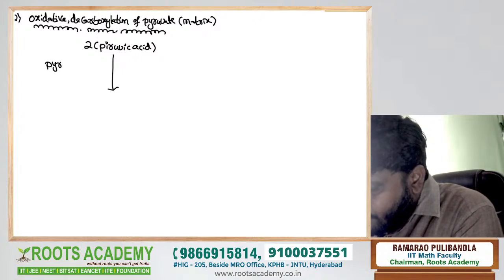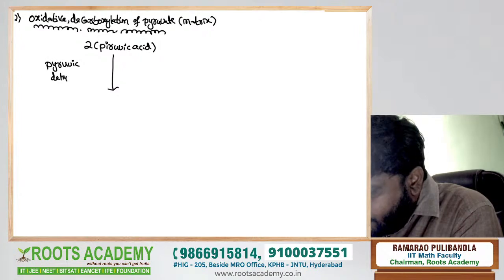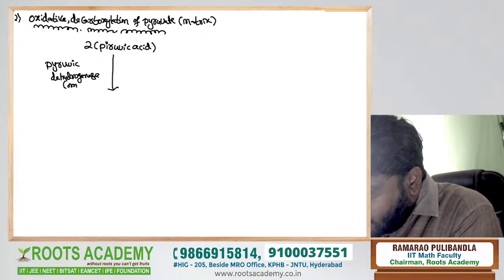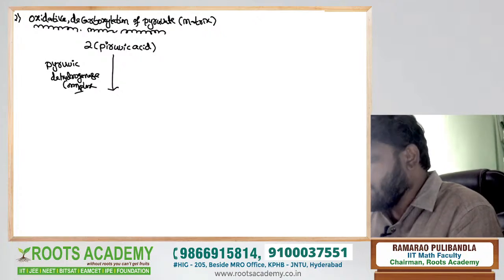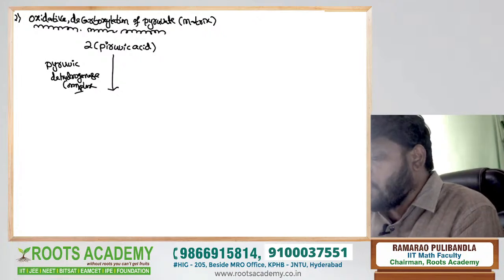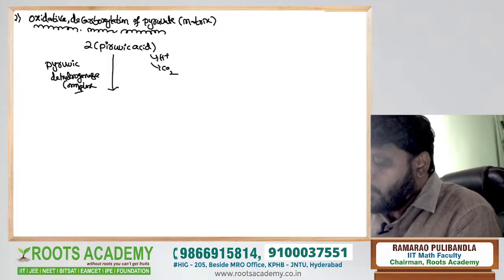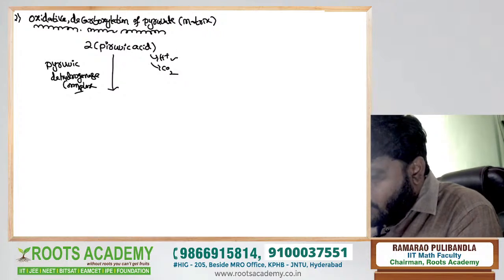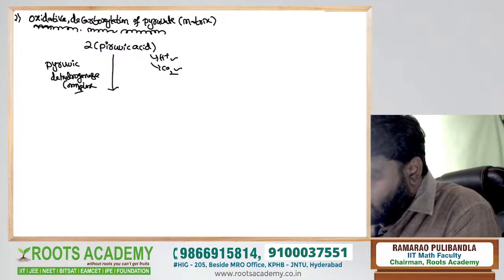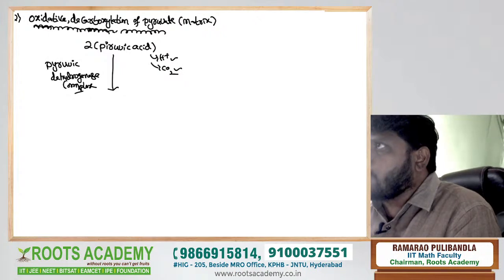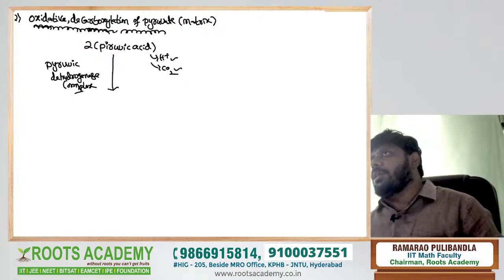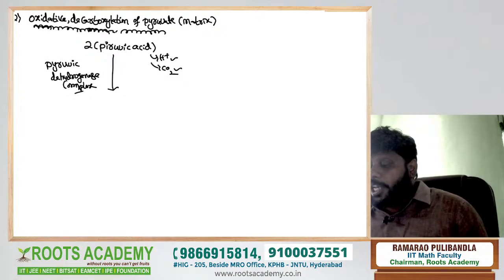Enzyme name: pyruvic dehydrogenase complex. See, it removes the hydrogen and it removes the CO2. Removal of hydrogen is oxidation, removal of CO2 is decarboxylation. Which enzyme? Pyruvic dehydrogenase complex.